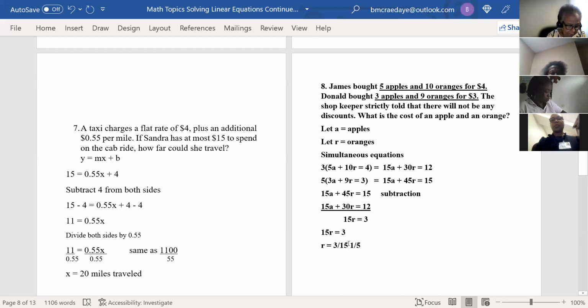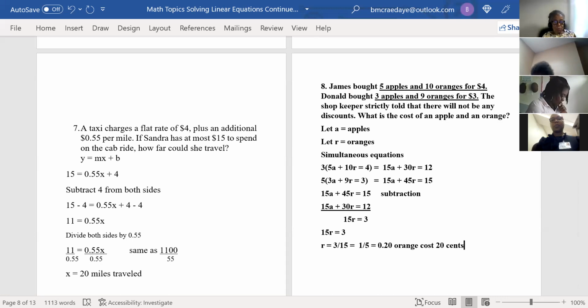And what is that as a decimal, Maureen? 2/10, so 0.20. The orange cost is actually 20 cents. 0.20 of a dollar is 20 cents, right?